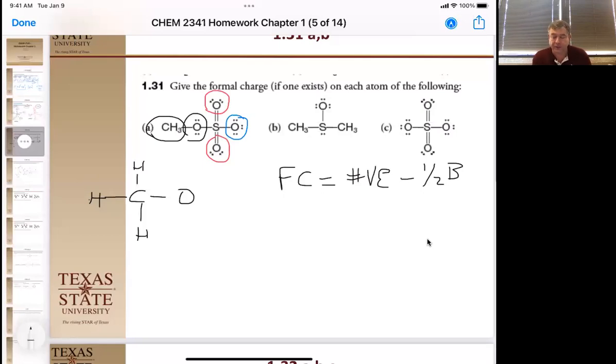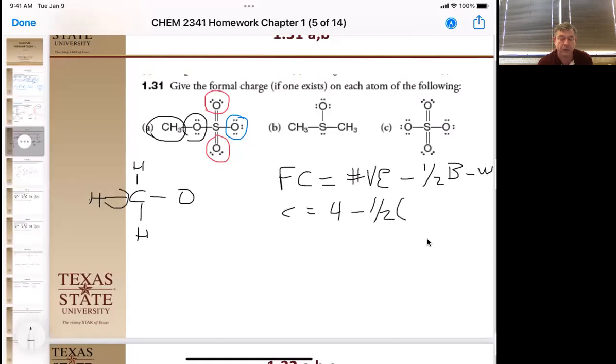Our formal charge is equal to the number of valence electrons it brought minus 1/2 of the bonded electrons minus unshared electrons, okay? So we have to think about those as the ones that are in bonds and the ones that are unshared electrons. Okay, so our formal charge for carbon here is equal to 4 electrons minus 1/2 of the bonded electrons.